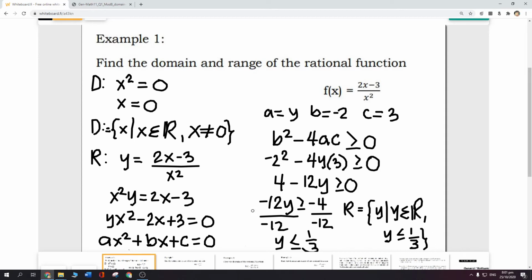So this is our domain and this is our range.